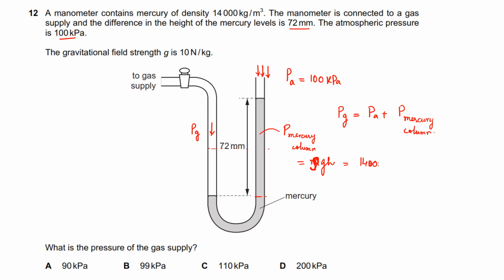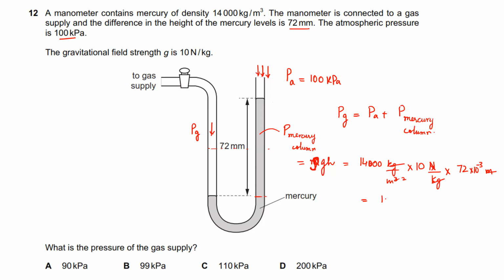So rho is density, kilogram per meter cube, multiplied by gravity 10, and this value of 10 is Newton per kg, and this multiplied by height is 72 millimeters. So if we multiply it, kilogram, meter goes, this becomes Newton per meter square.